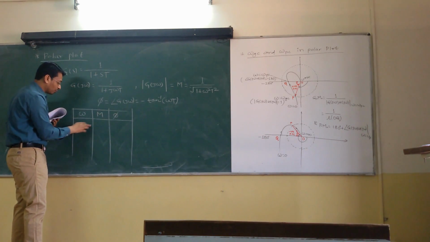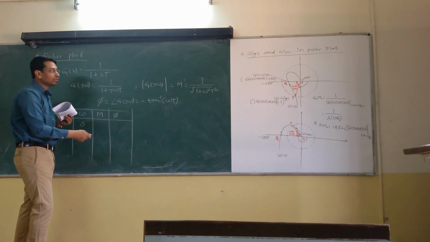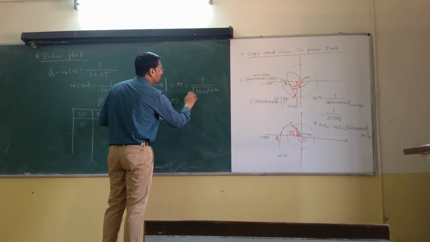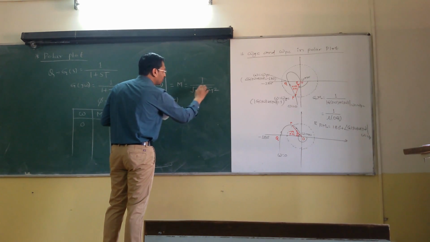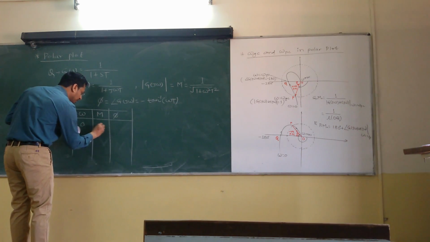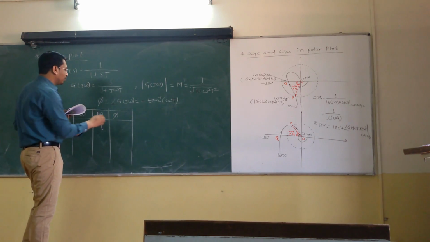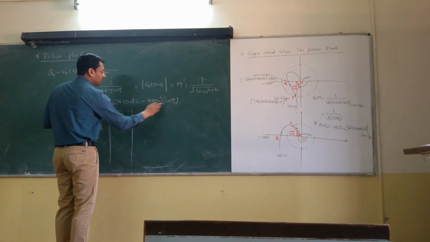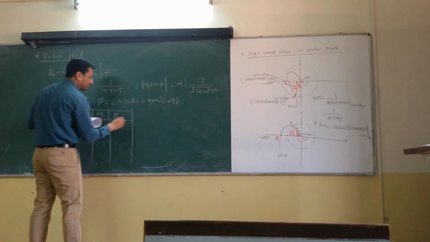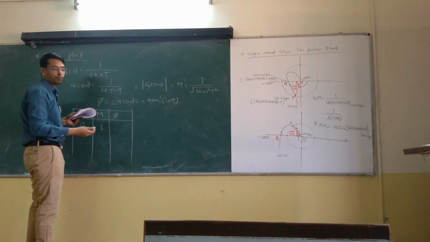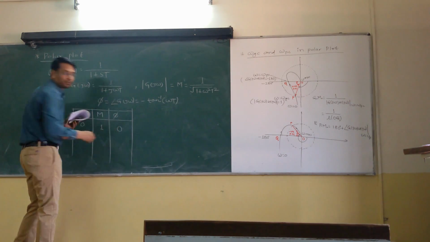If you put omega equal to 0, this whole term will be 0. So 1 upon root under 1, that is 1. Magnitude will be 1. When omega is equal to 0, what will be the value of this phi? If you put this 0, this will be tan inverse 0 with negative sign. Whether it is negative or positive, 0 is 0.